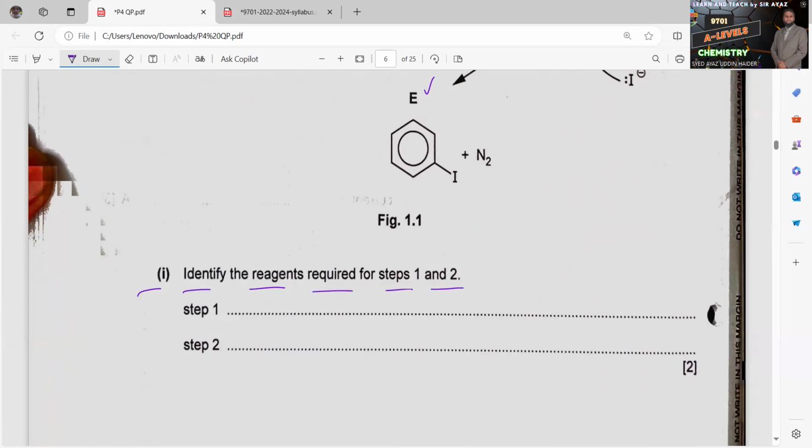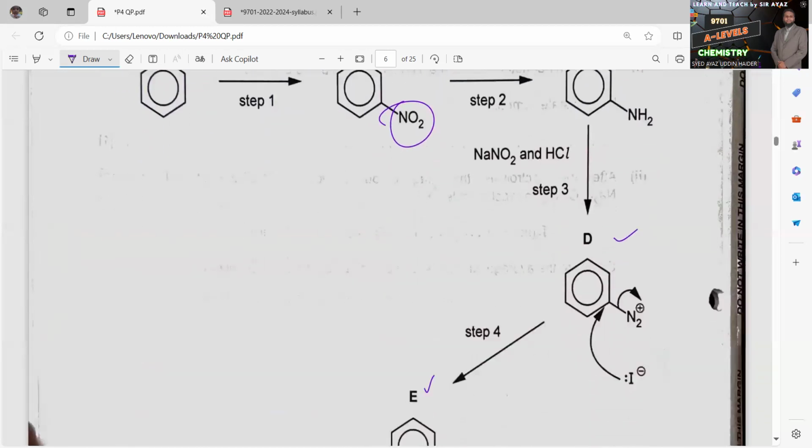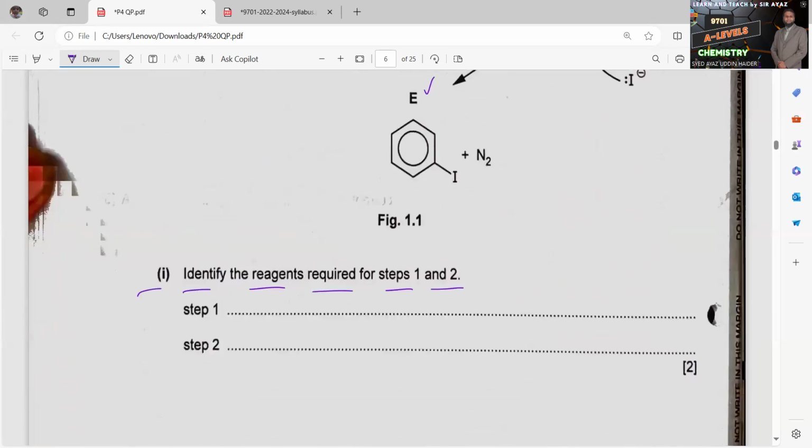Where are steps 1 and 2? Step 1 must be nitration. Nitration involves the reaction of concentrated HNO3 in the presence of concentrated H2SO4, which is acting as a catalyst here. So the nitronium ion must be coming from here. So you write concentrated HNO3 and concentrated H2SO4.